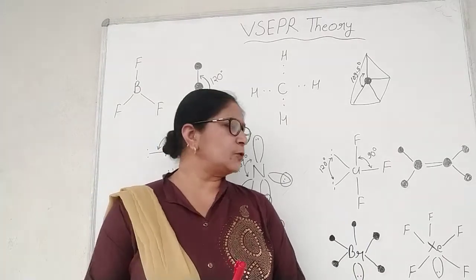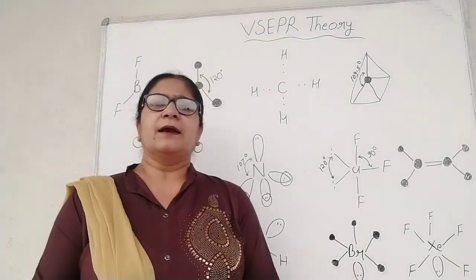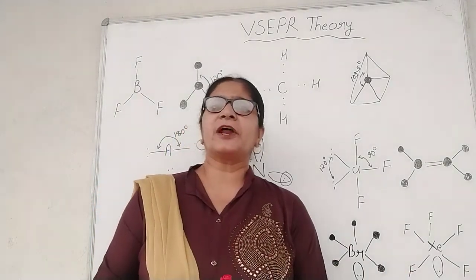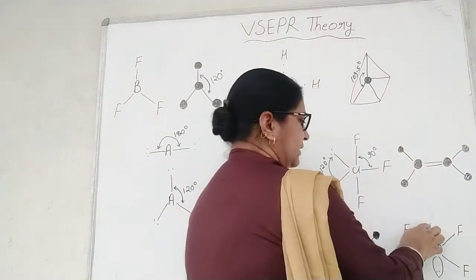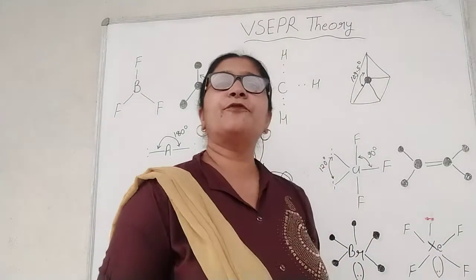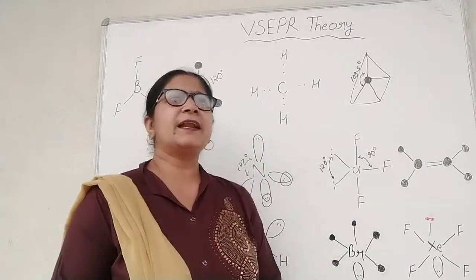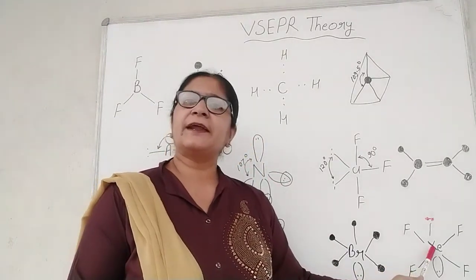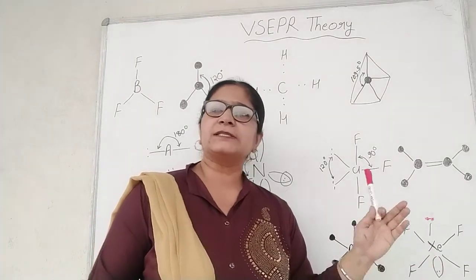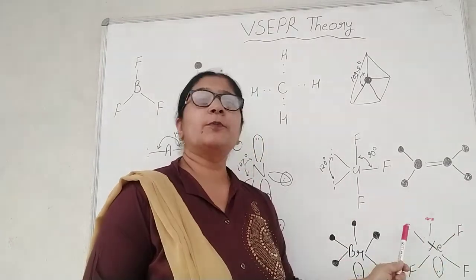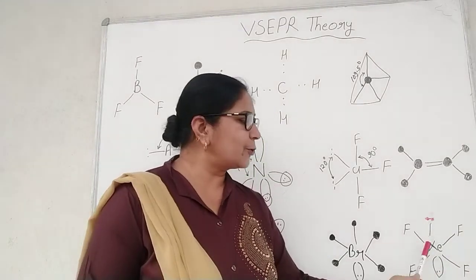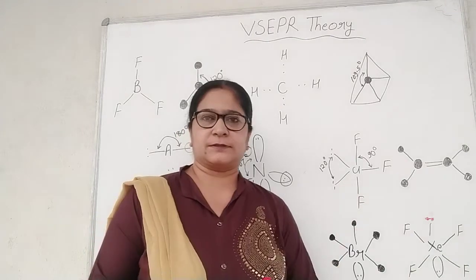Let's see another example, xenon tetrafluoride. The central xenon atom is surrounded by 4 bonded pairs of electrons and 2 lone pairs of electrons.